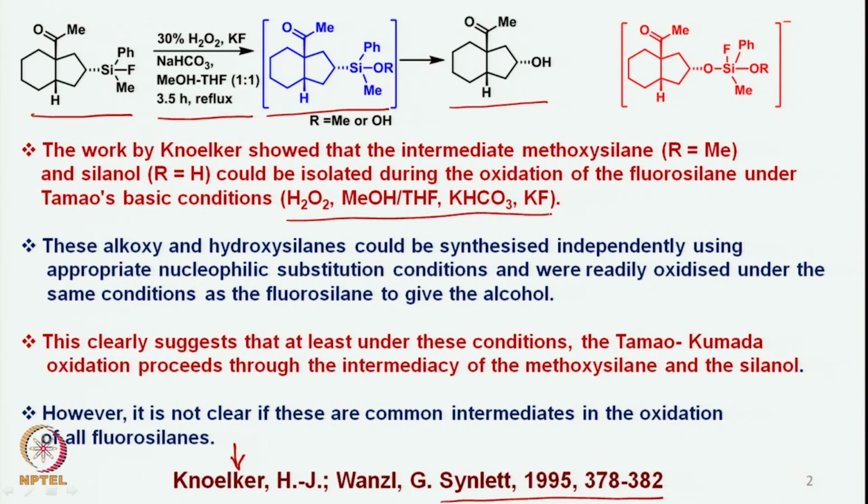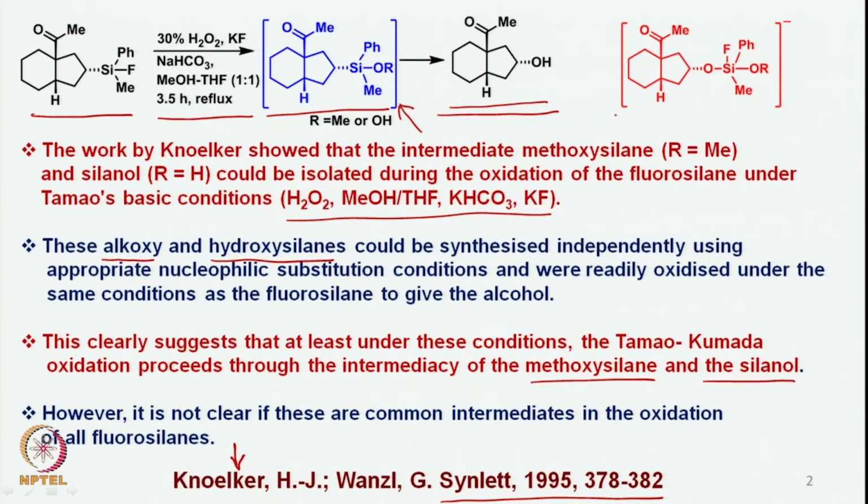Now, it is very clear that when they prepared the alkoxy and the hydroxysilanes separately, not under these conditions, and then subjected these molecules to the same conditions of Tamao, they did indeed get the hydroxy compound. So, it is very clear that under these conditions, at least the Tamao-Kumada oxidation proceeds through the intermediacy of the methoxysilane and the silanol, at least in these conditions or for this particular molecule.